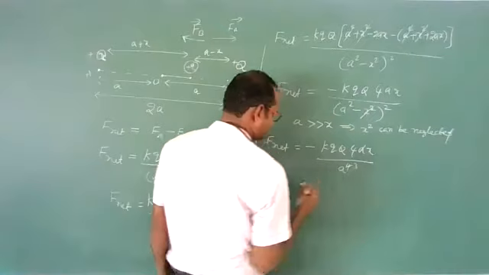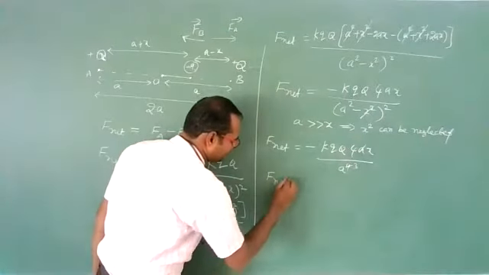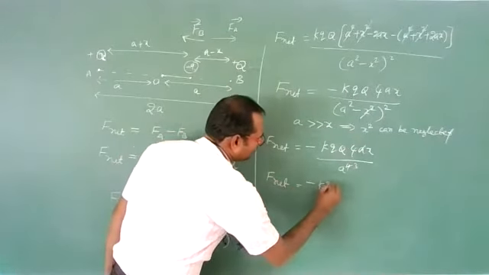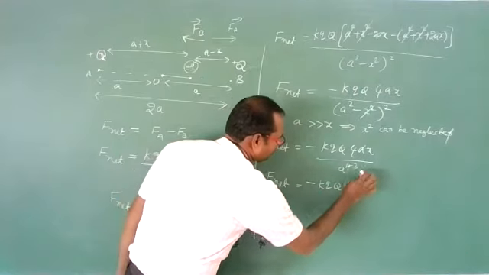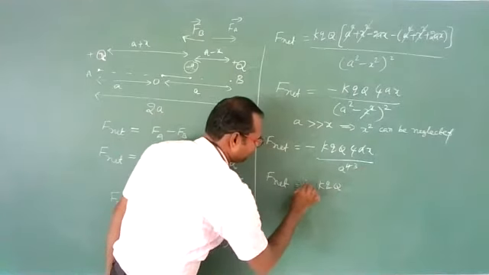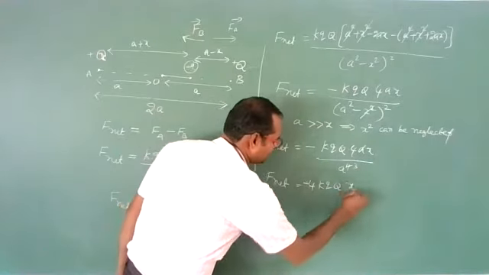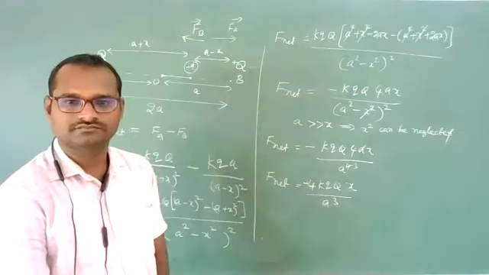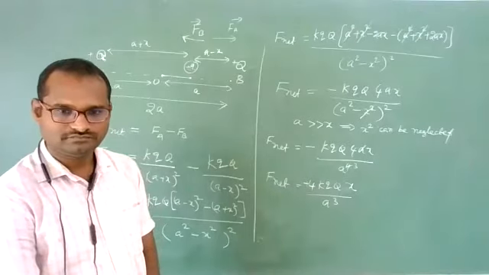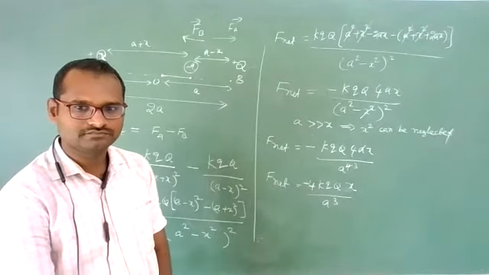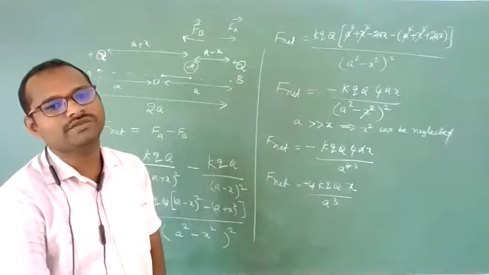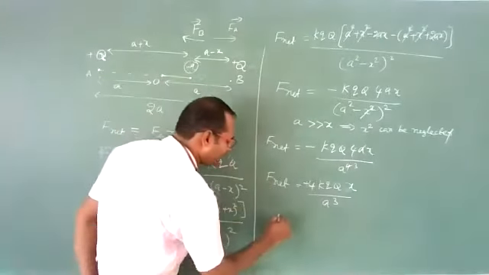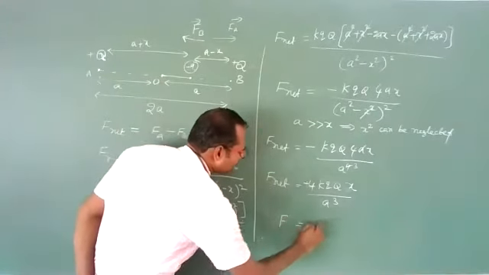One a cancels, so you'll get F net is equal to minus kQ 4x divided by a cube. Clear, students? Now it is in the form of F is equal to minus kx.